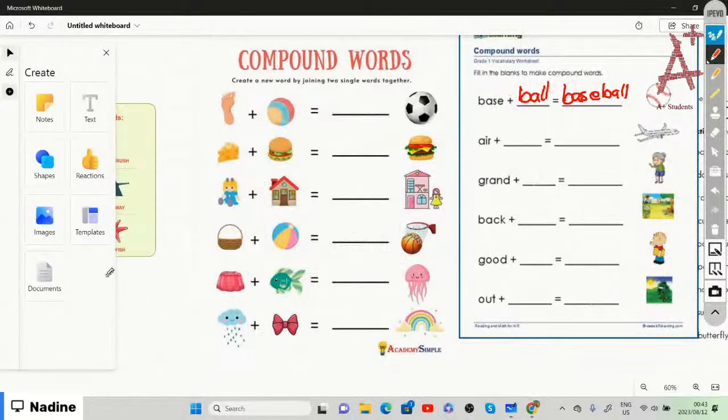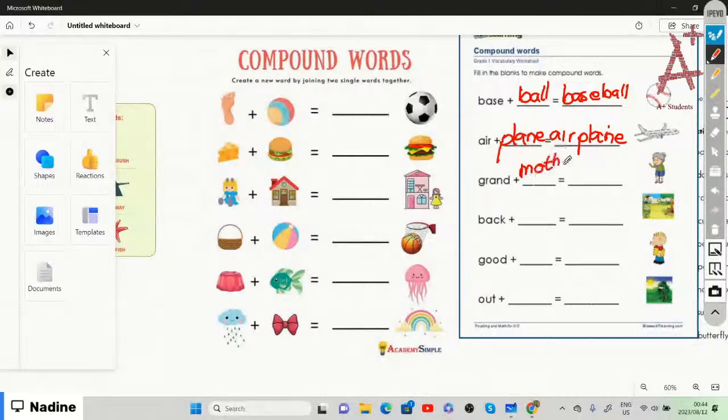Then we have air plus plane, an airplane, a form of transport in the air. Then we have grandmother.